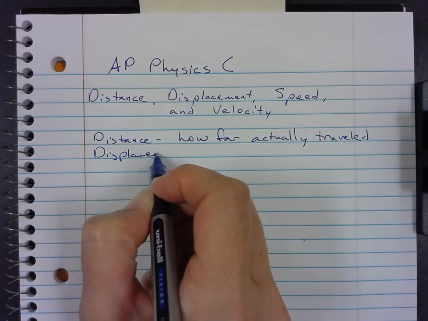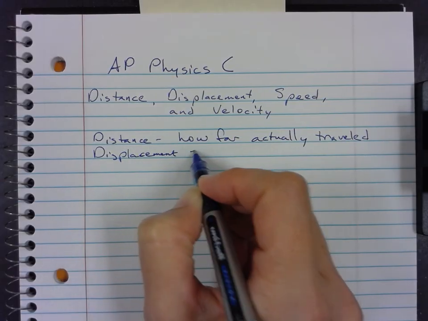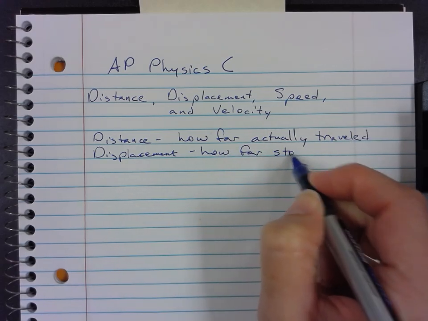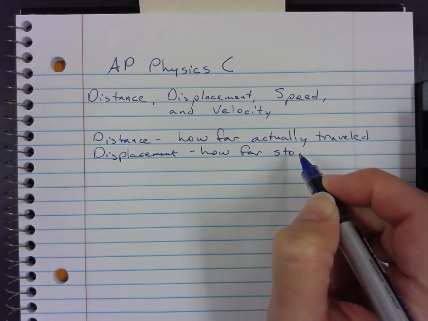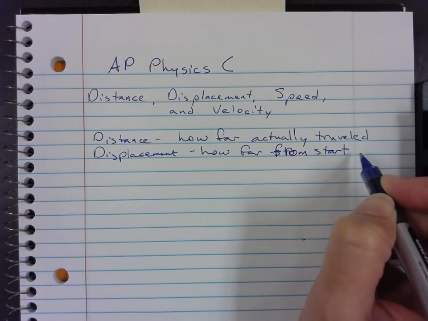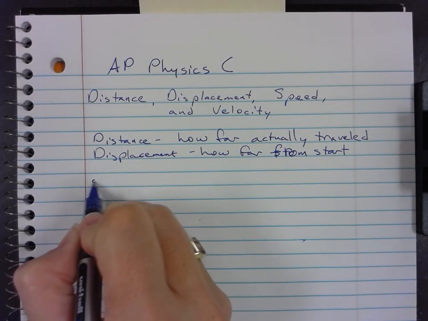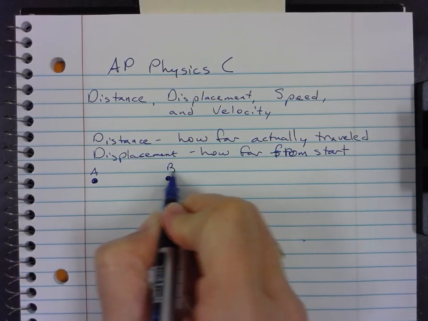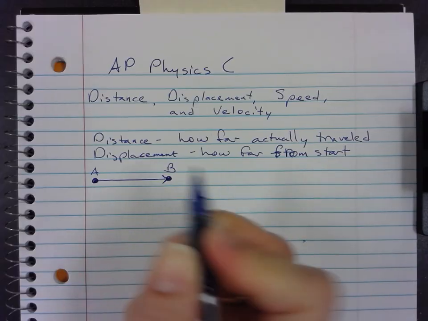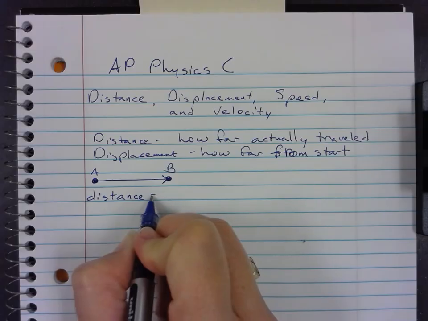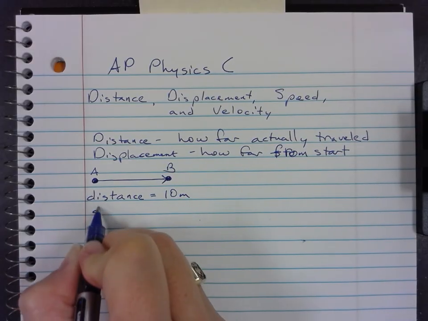Displacement is how far you are from the starting point. So, if we start here and end up here, go from A to B, let's make up numbers that this is a distance of 10 meters.